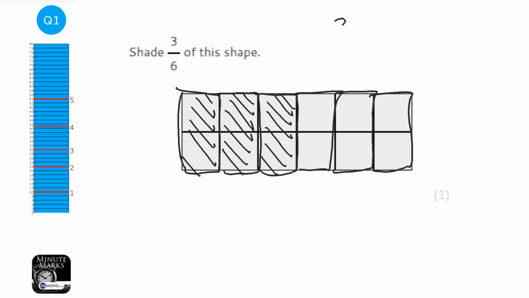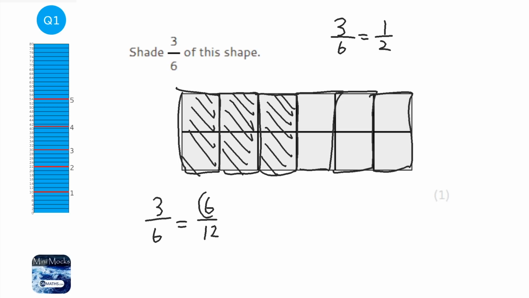Now some of you might realise that 3/6 is the same as a half, so we're shading half of it, and looking at that we've shaded in half of it. Some of you might look at this and change that so that it's 6/12, and there's 12 squares in total, and so we're shading 6 of them. However you do it, it's up to you, as long as you shade in 6 of the 12 squares.